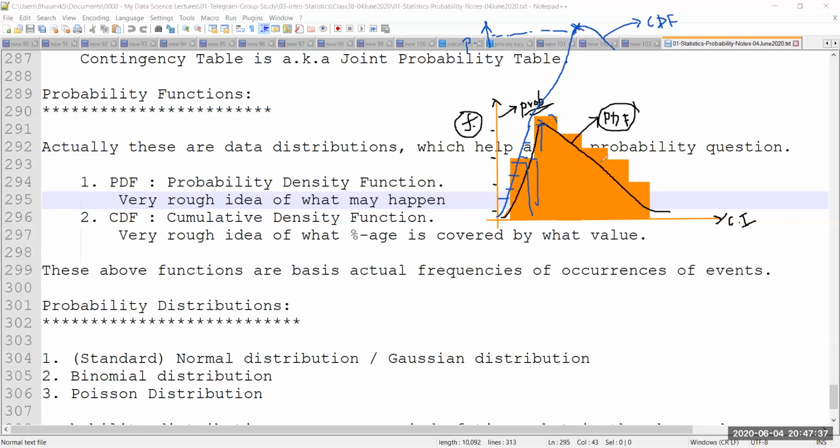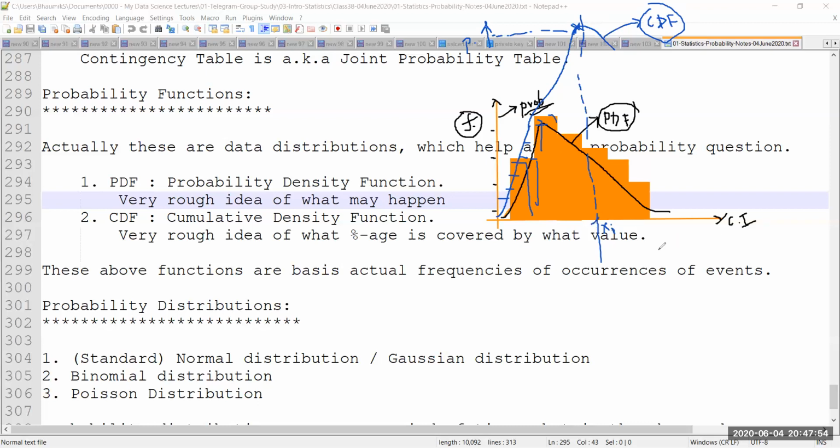We also looked into the advantage of using a CDF over a PDF. Let's say I draw a line which is something like this, and it intersects at a value of xi over here.